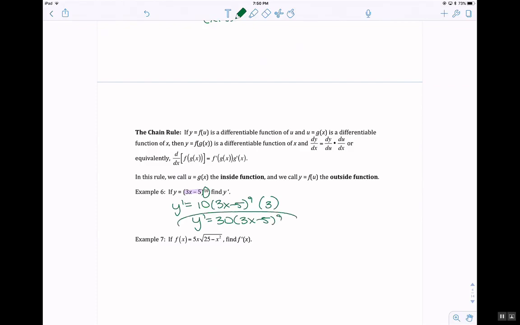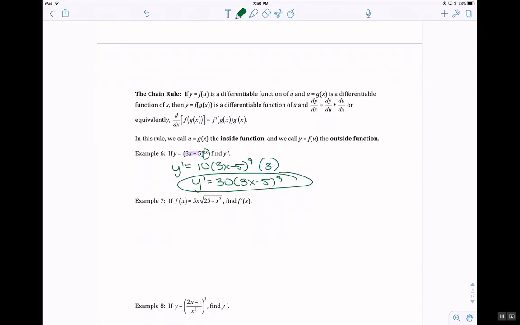And then here, example 7 is a product rule, and within the product rule is chain rule. So first let's rewrite our f of x again. This is 5x times (25 minus x squared) to the 1/2 power.